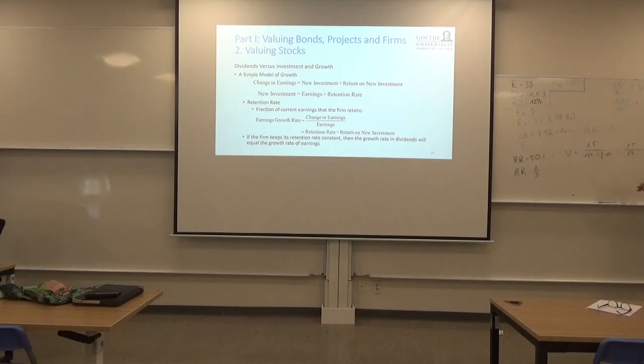Now the same thing with 2/3. With 2/3 you have $1 left as a dividend, because 2/3 is retained. You have still 12% as the required cost of equity, and then we have to subtract the new growth rate, and this is 2/3 times 12%.